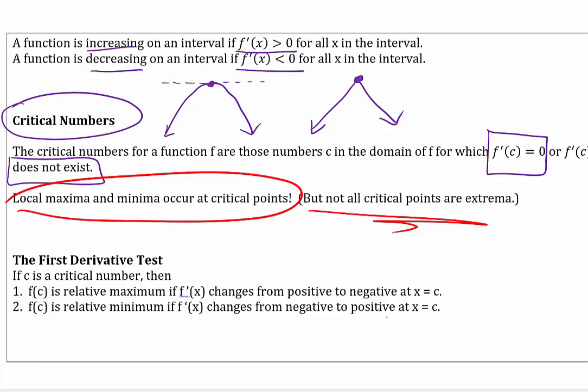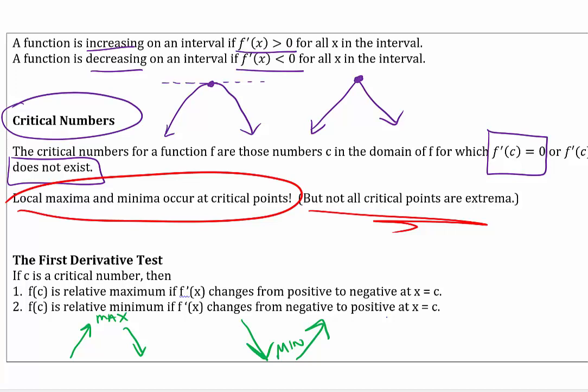The idea is we have a max if the derivative changes from positive to negative, because that means the function is increasing, then decreasing. We have a min if the function is changing from decreasing to increasing, or if the derivative is changing from negative to positive. Now, there's a lot of information on this screen, and I think it's going to be easiest for me to explain this to you through an example. So let's just dive right in and try to look at all of these things through an example.